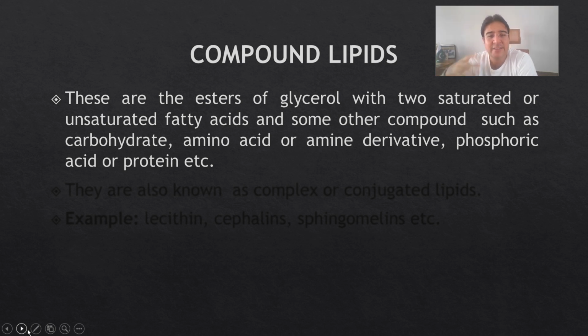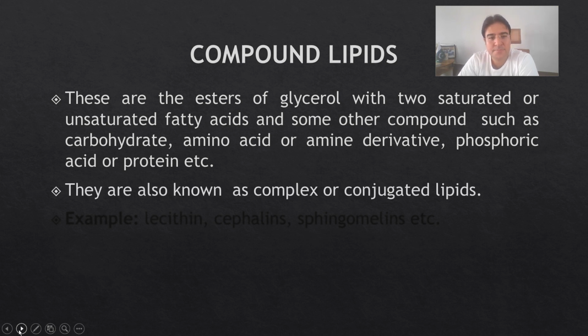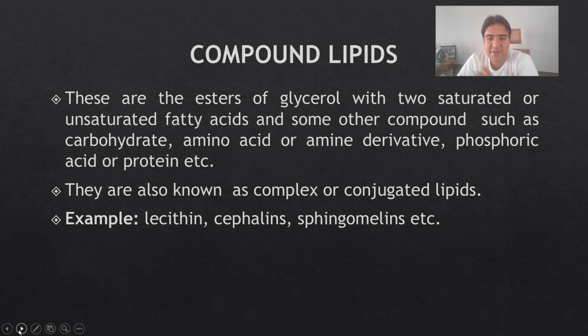This is called a prosthetic group. A protein may combine with them. If you know VLDL, LDL, lipoproteins, a combination of lipid and protein, and also glycolipids. These are the compound ones. There are different types of it.